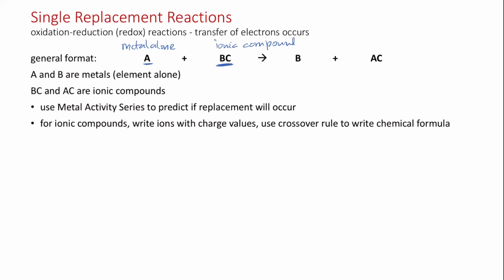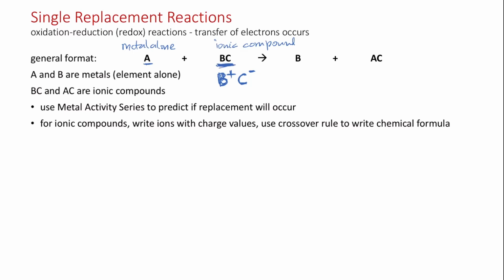The metal in that ionic compound is B, because the metal is always listed first in the ionic compound. The metal cation, which is a positive charge, is part of that ionic compound. And the other part of that ionic compound is the anion, that's C, with the negative charge. So the positive charge, or the metal, because the metal is always the cation, is always listed first in the ionic compound.